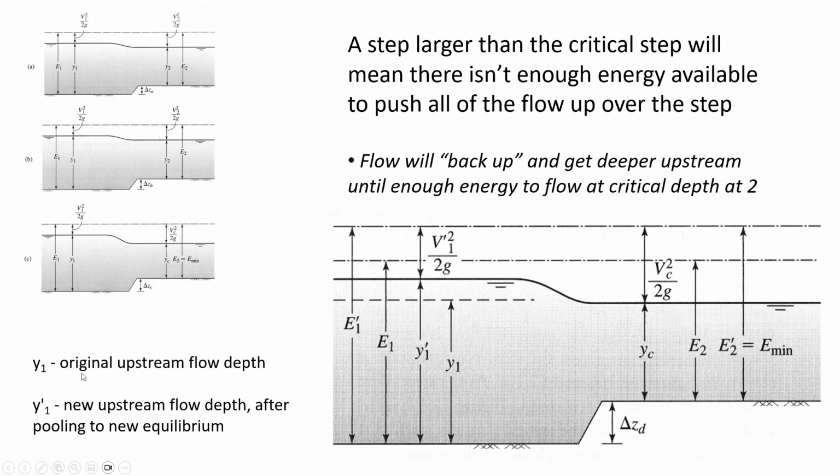So Y1 was the original depth, and it's this dashed line here. It's the depth before pooling occurs. And Y'1 is the depth after pooling occurred. So then, by inference, you should be able to understand that E1 is the specific energy before pooling occurred, and then E'1 was the specific energy after pooling occurred.